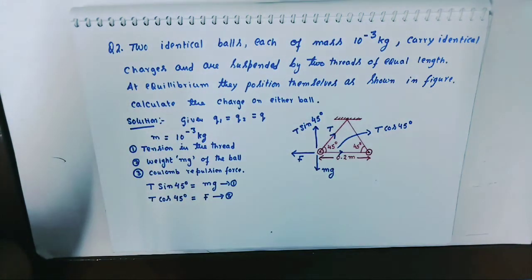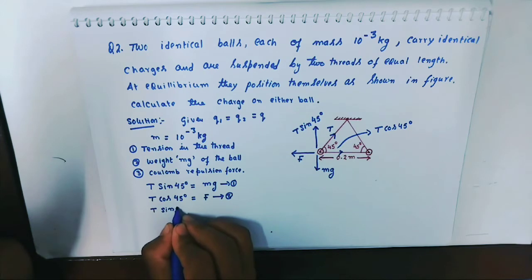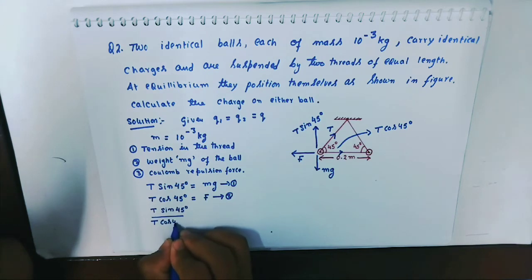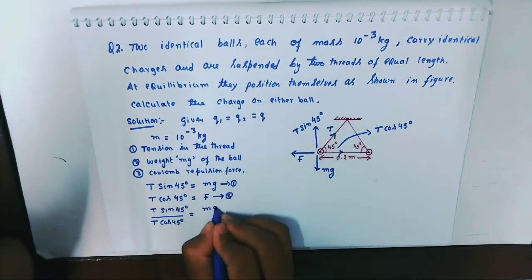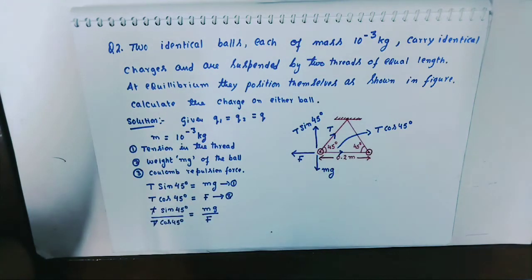If we divide equation 1 by equation 2, we can write T sin 45 degree by T cos 45 degree is equal to mg divided by F. So T will get cancelled.